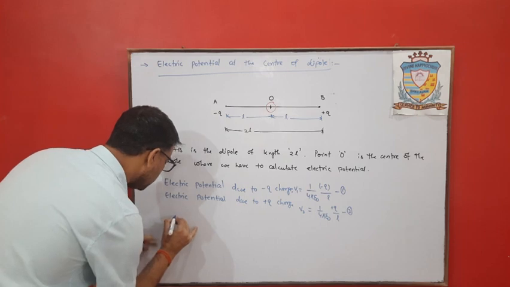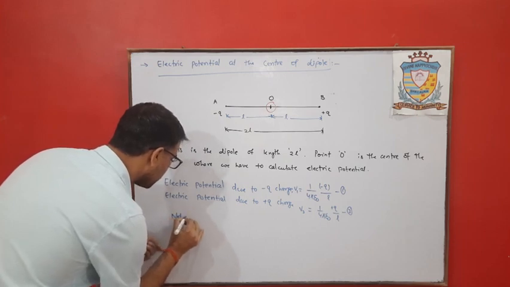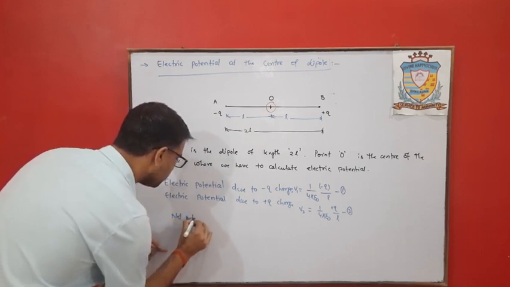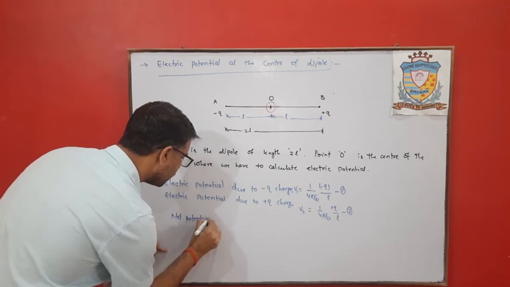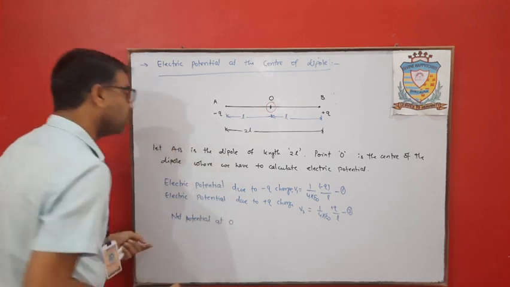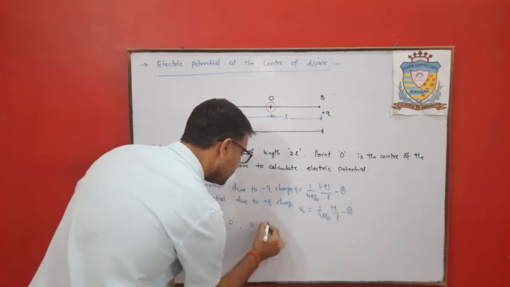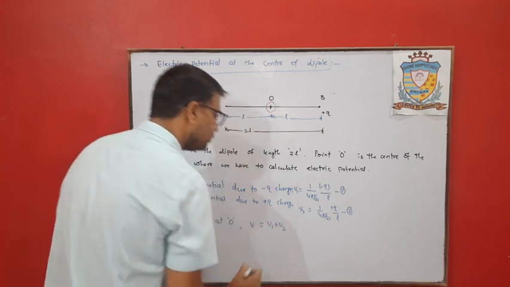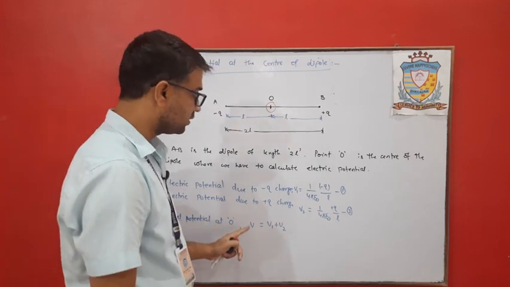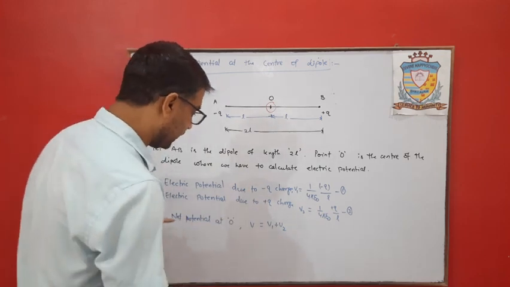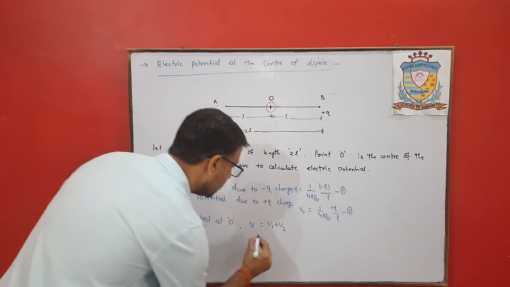So net potential at O, V is equal to V1 plus V2. In previous class we have already discussed this, the net potential will be added. So V1 plus V2.